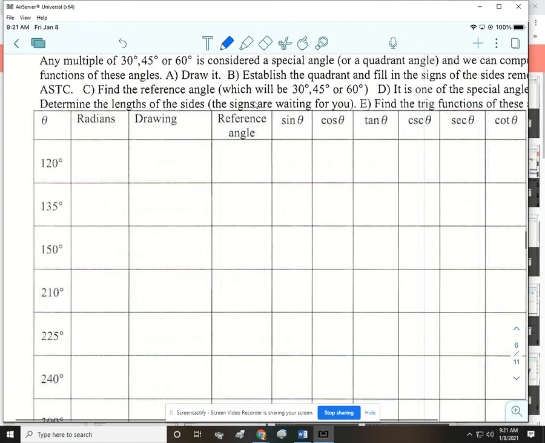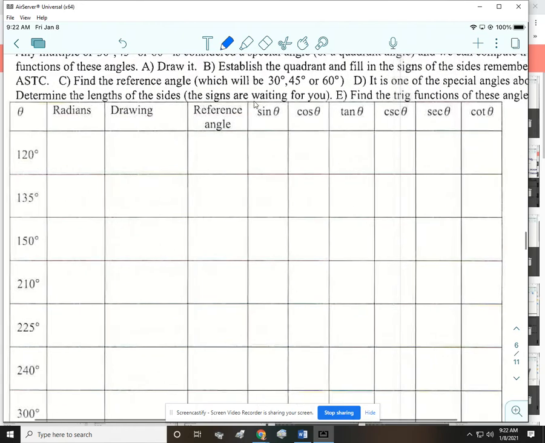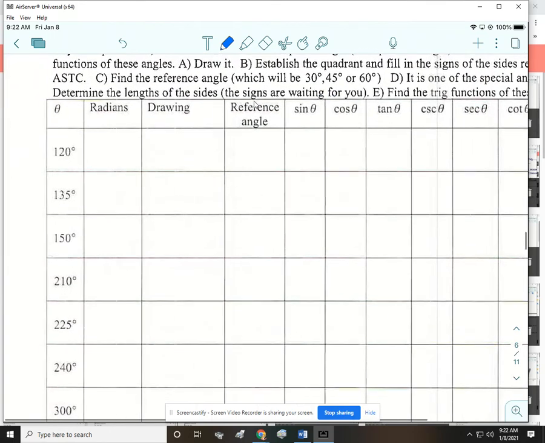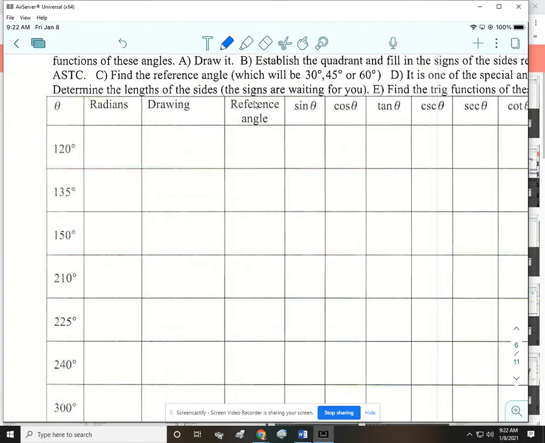And we're going to find the reference angle, which we talked a little bit about on the video, but today I hope it's going to make even more sense. Your reference angle should be one of the special angles, 30 degrees, 60 degrees, or 45 degrees. And then we'll just draw our triangle using our rules for 30-60-90 or 45-45-90. And then we should be able to figure it all out.